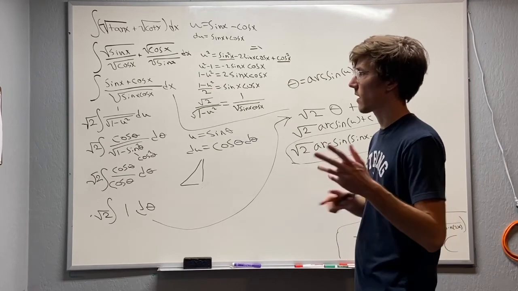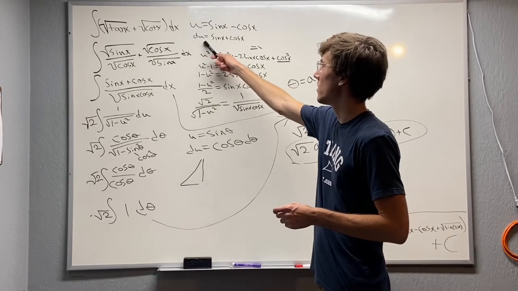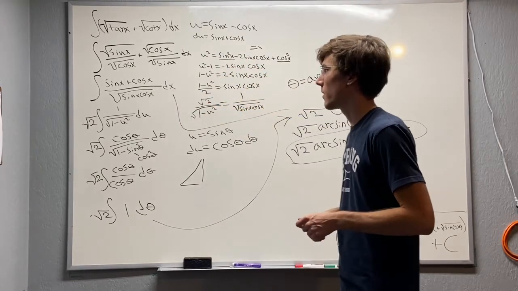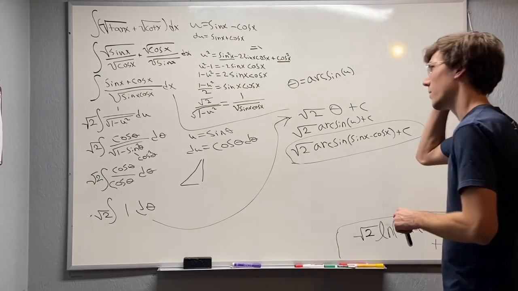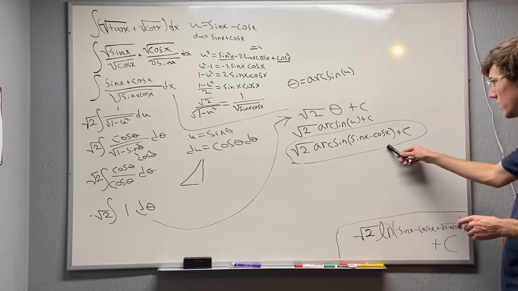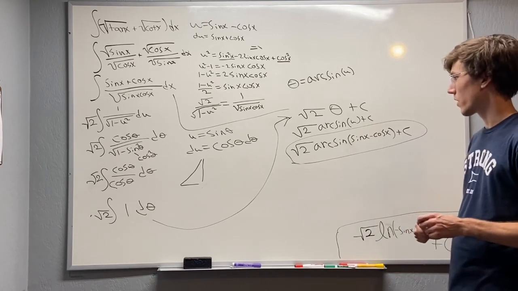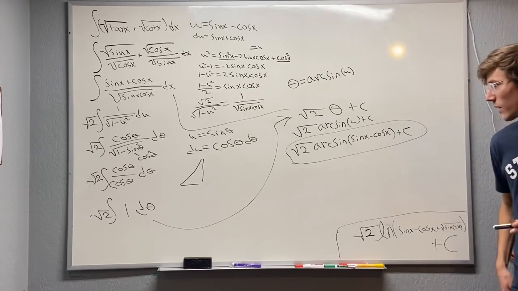Like, what are some things that can help you? I think creating a du that takes care of the numerator is something that's helped me solve other integrals. So that's something to think about when doing this. So in the next part, let's just add up these two, and then we'll get our answer. We've got to add up the two and then divide by 2, but that'll be in the next part.